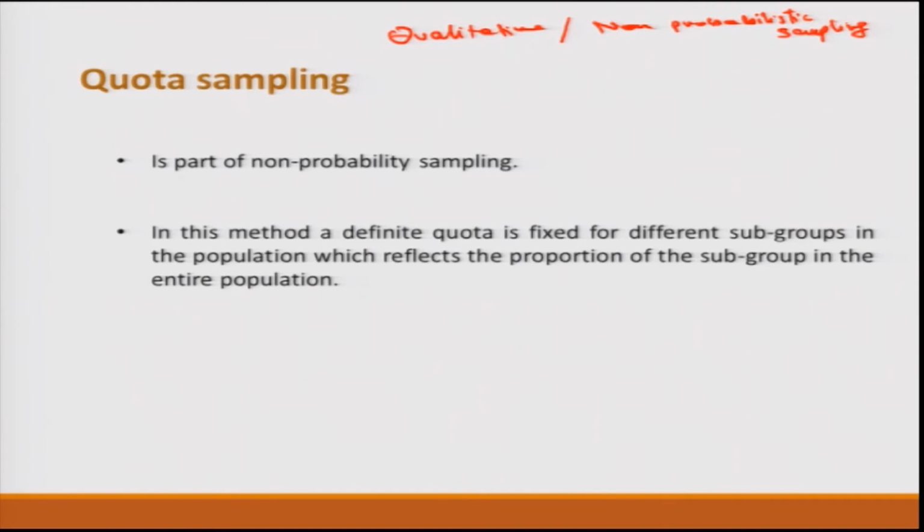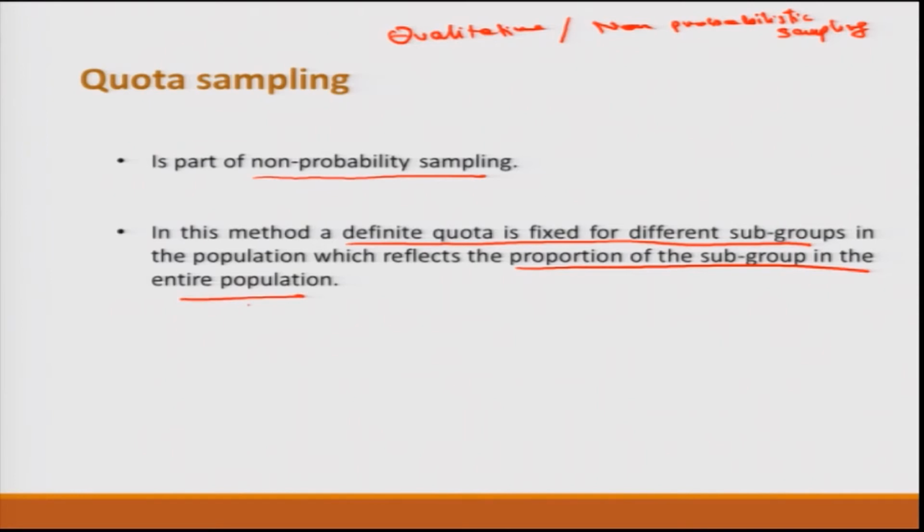So, first one is quota sampling. It is the part of non-probability sampling. In this method, a definite quota is fixed for different subgroups in the population, which reflects the proportion of the subgroups in the entire population.